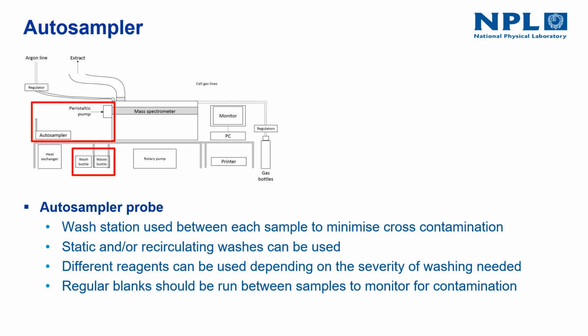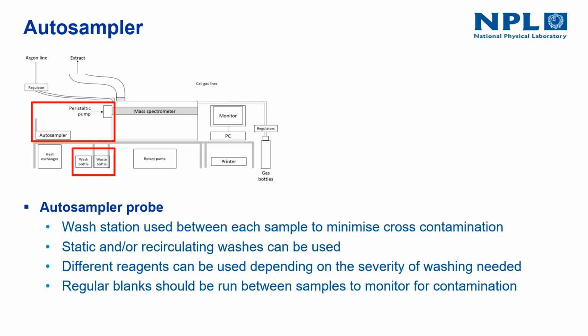Different reagents can be used depending on the extent of the washing that is needed, for example how sticky an element is in the instrument or the activity levels that are being measured in the samples. For example, you could use as a first rinse stage a more concentrated nitric acid solution, perhaps somewhere around 5%, and then slowly reduce that.